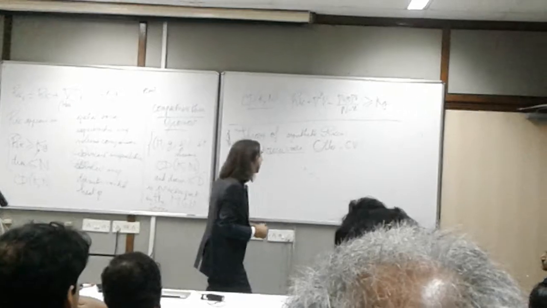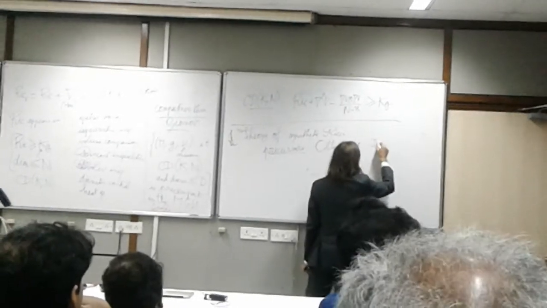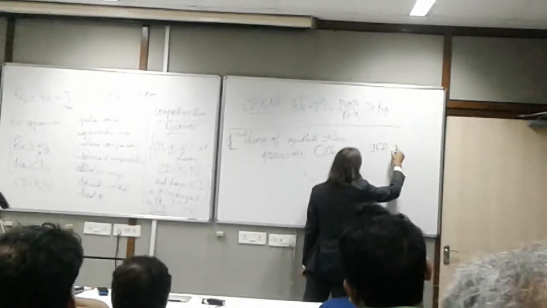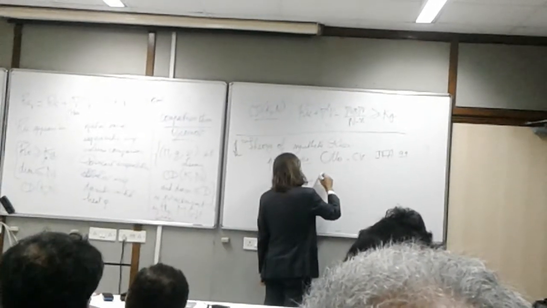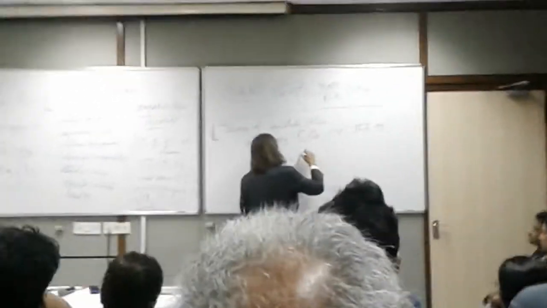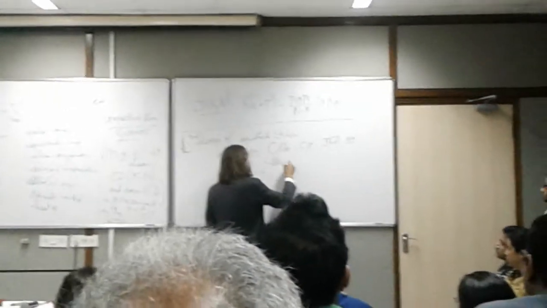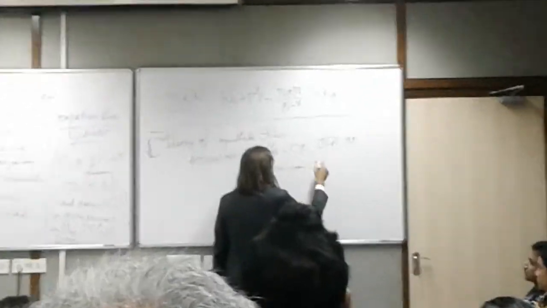The ingredients appeared in the Journal of Functional Analysis, maybe 99 or 2000. There was a paper by von Renesse and Sturm, and von Renesse, a couple of years later, maybe in CPAM.